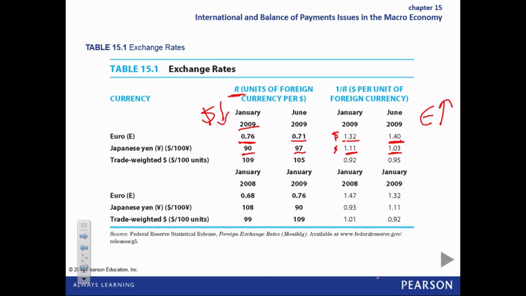And against our major trading partners, it starts from 109 and goes to 105. So against major trading partners, dollar has gotten weaker and other currencies have gotten stronger. That's what these are showing. The bottom part is showing from January 2008, for 1 year instead of only 6 months, 2008 to 2009. You can look at those numbers yourself.